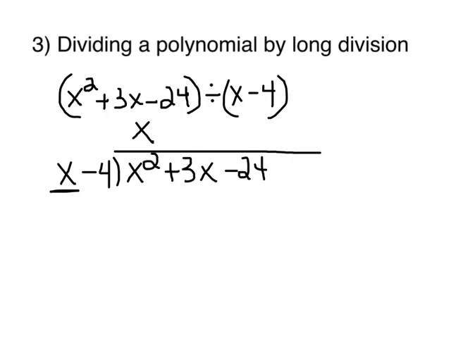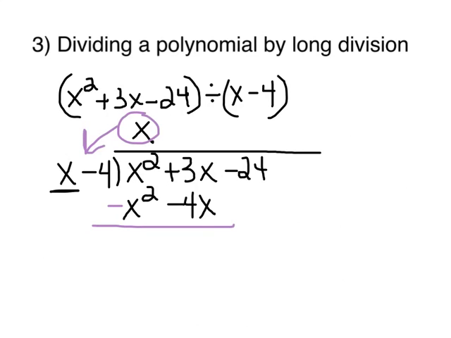And in long division, now we'll multiply. So we're multiplying this x right here times our expression x minus 4. So x times x minus 4 is x squared minus 4x. Now, after we multiply, we subtract our answers.